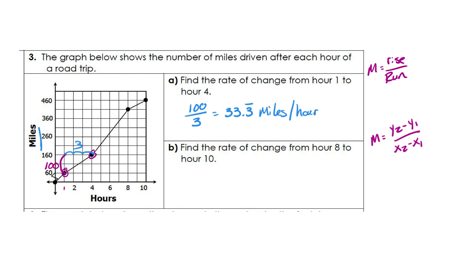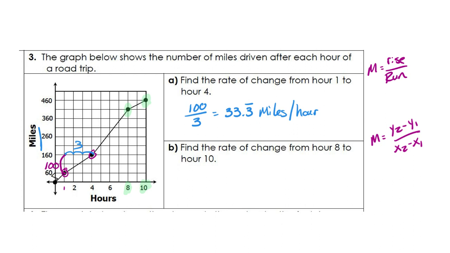Now for B, find the rate of change from hour 8 to hour 10. So from hour 8, which is here, to hour 10, which is here, what is the rate of change? Well, I could just count it, or I can input it into the slope formula. The first thing I need to do is figure out what the coordinates of the points are.